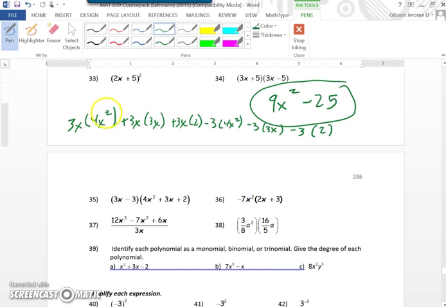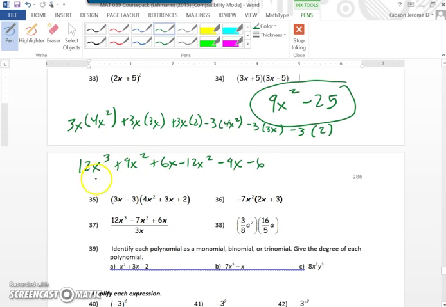Now 3x times 4x squared will give us 12x cubed. 3x times 3x is 9x squared. 3x times 2 is 6x. Negative 3 times 4x squared is a negative 12x squared. Negative 3 times 3x is a negative 9x. And negative 3 times 2 is negative 6.